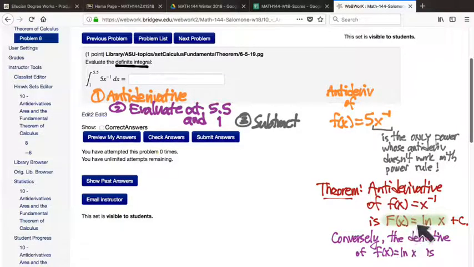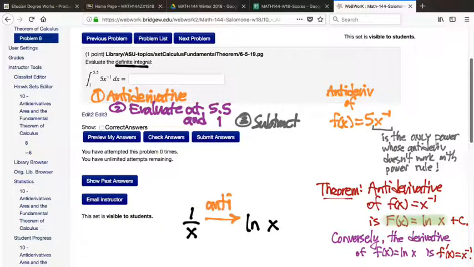What would the derivative of natural log of x be? X to the minus 1. Or 1 over x, if you like. So it's a real surprise in calculus that these two functions, 1 over x and ln of x, have this relationship. Antiderivative, derivative.